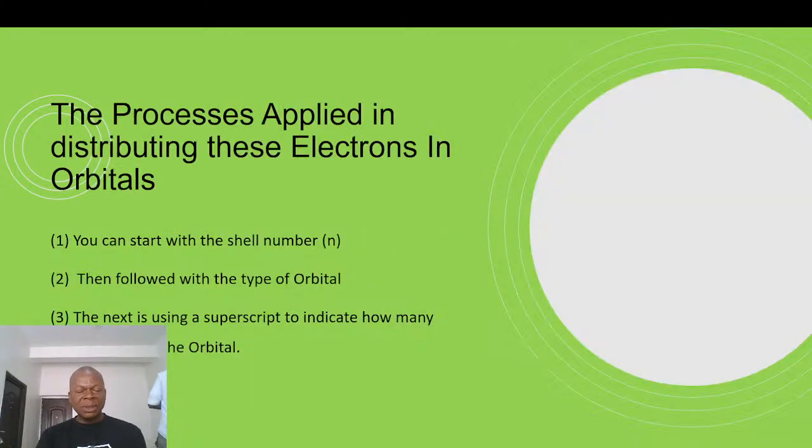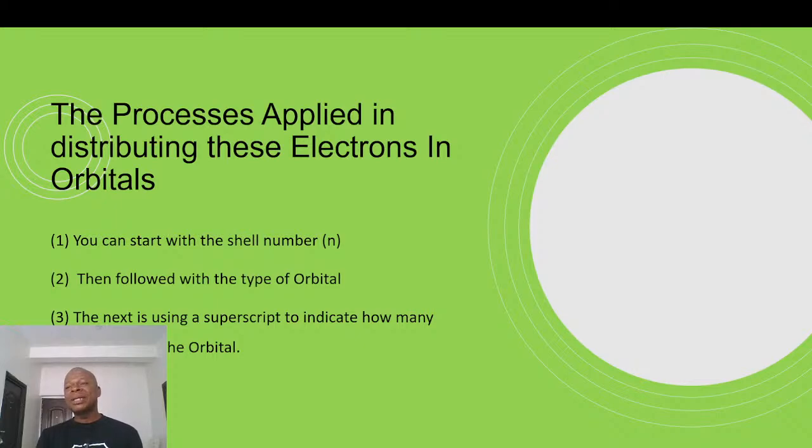Now, let's look at the next slide. The processes applied in distributing these electrons in orbitals. When we want to distribute electrons in orbitals, whether we are talking about the K, L, M, N, O shells, or the subshells, there are procedures which will help us do it with ease.